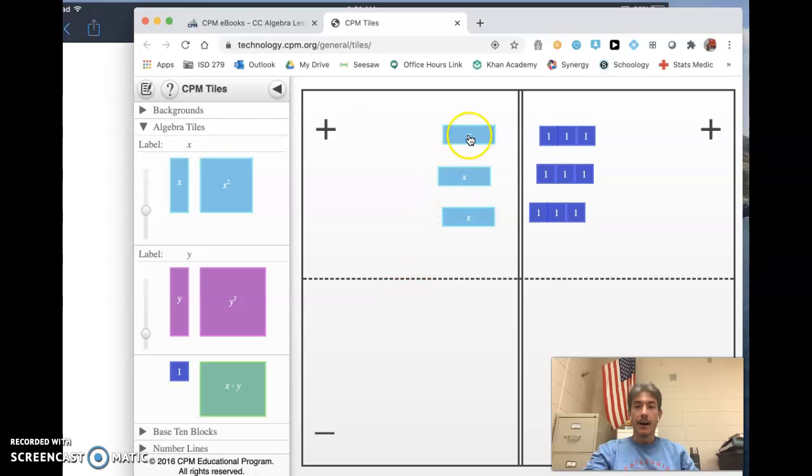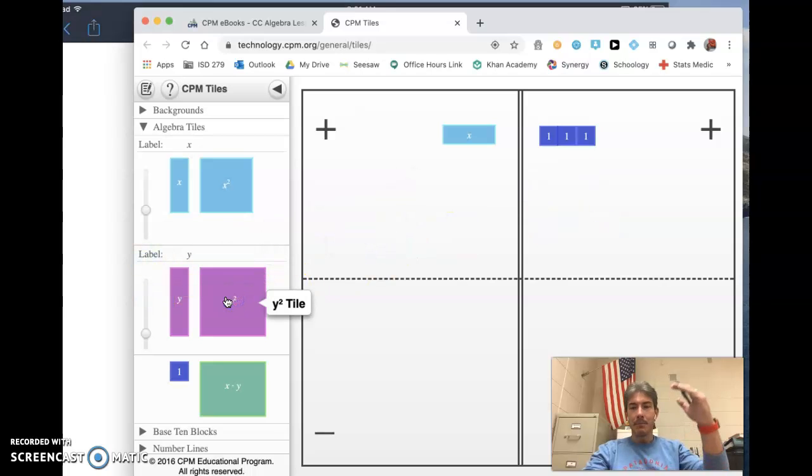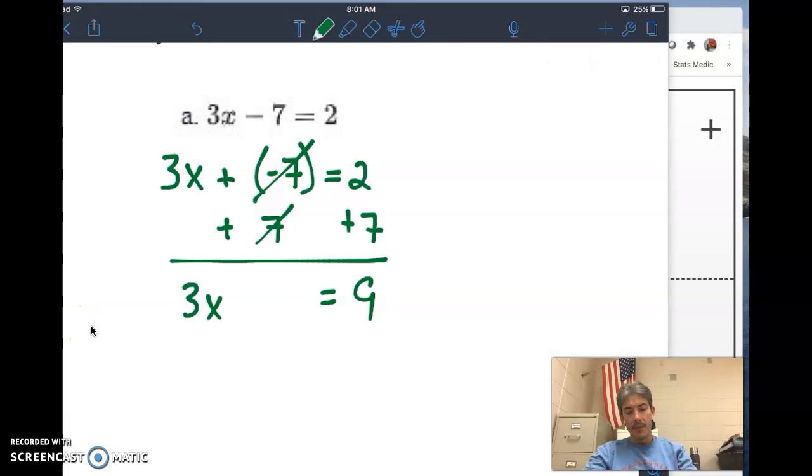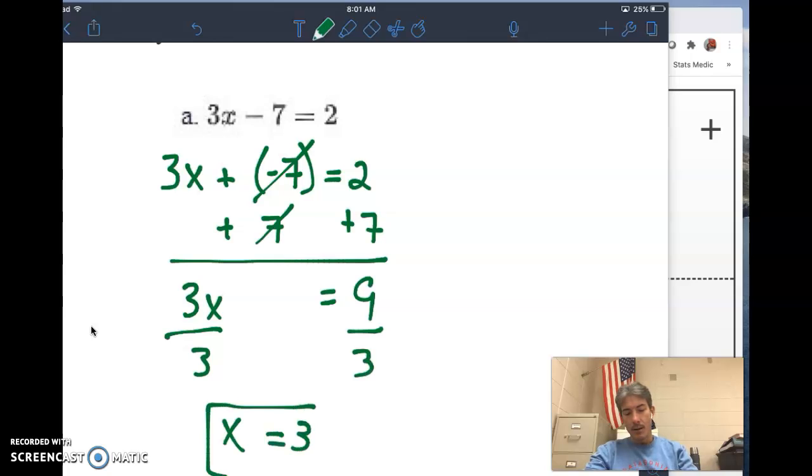All right, x and 3, x and 3, x and 3. I'm going to get rid of these copies, and by dividing the tiles on the left and dividing the tiles on the right up into 3 groups, I've done the division step, and you all know that our answer is 3.